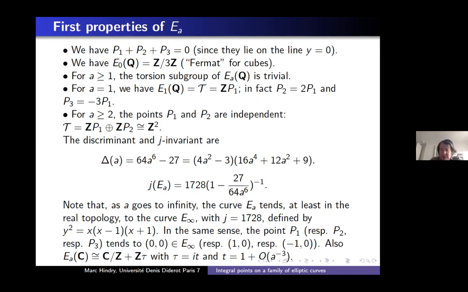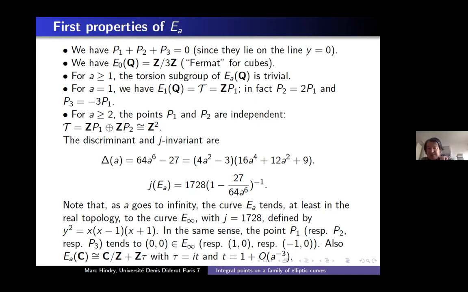But here, what I want to point out is that when A becomes larger and larger, and at some point we will assume A large to prove things, then this J invariant, it's obvious on the formula, tends to 1728. And that is the J invariant of this well-known CM elliptic curve, whose equation I have written downstairs: y squared equals x cubed minus x.